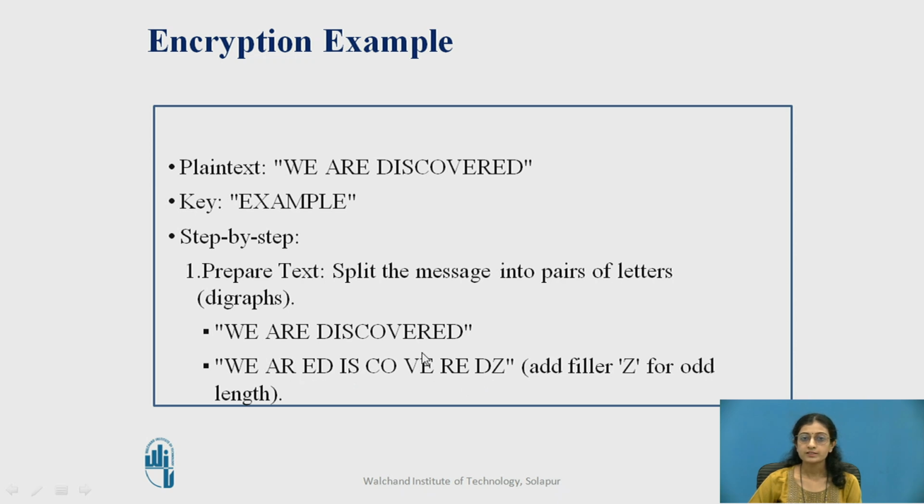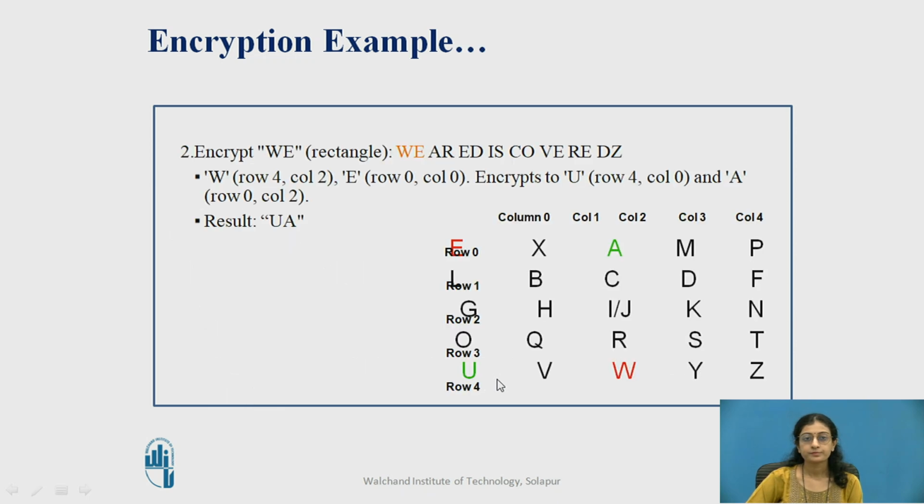Now our plain text is of 15 letters, which is an odd number. So that's why at the last pair we have added a filler letter Z with D. Now these are the pairs. Now we will encrypt one pair at a time.